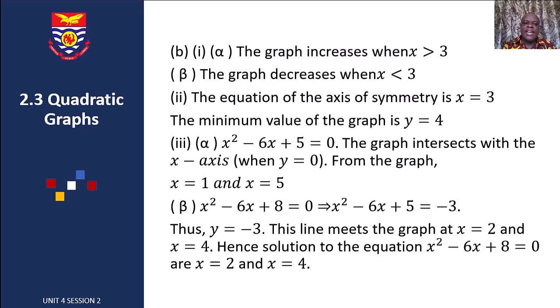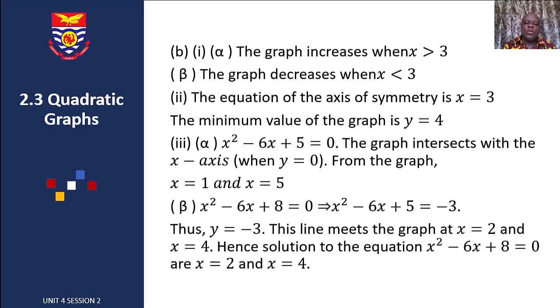Then the next question is to find the equation of the axis of symmetry. We got the turning point to be 3, -4. If you draw a vertical line through that point, you will see that it will pass through the value x equal to 3. And on that vertical line, you can fold the graph into two equal parts.